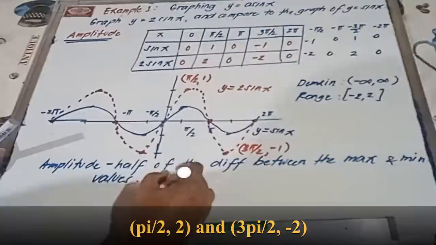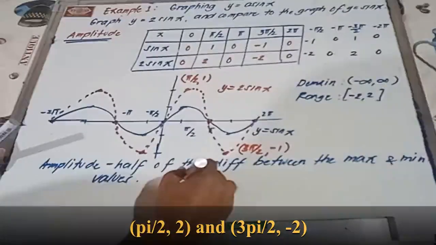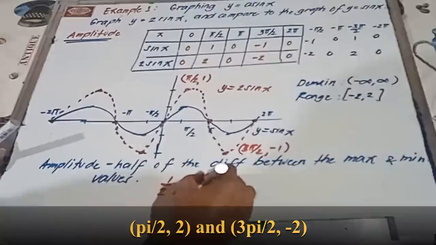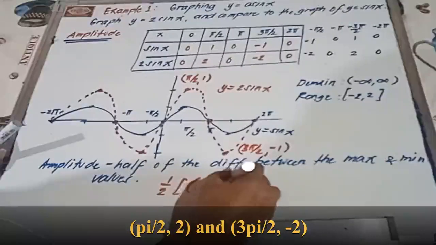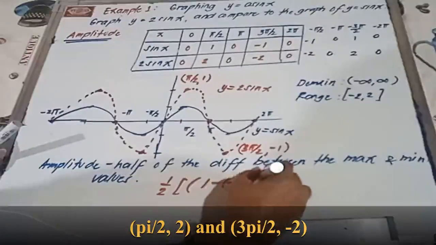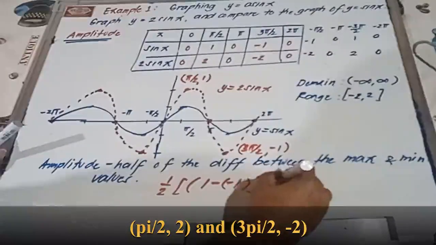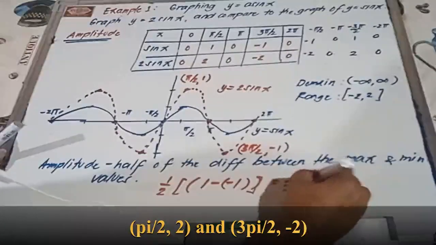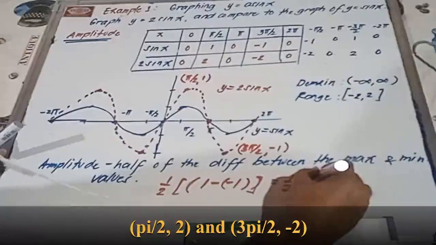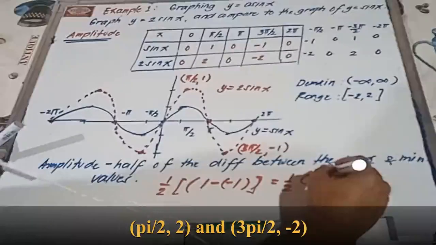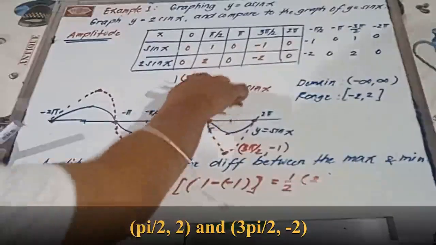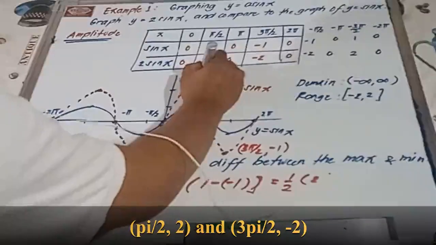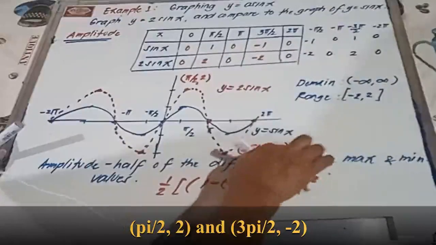It is half of the difference of the maximum and minimum. So the maximum is 2, minus negative 2. Oh, sorry, that's my mistake, it should be 2 and negative 2.